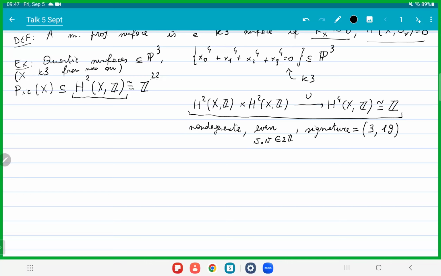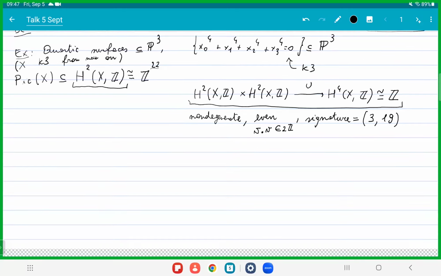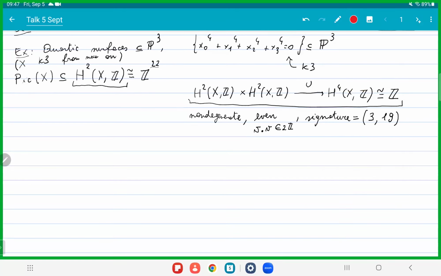And there's a nice word that captures all these things. It's the word lattice. So for today, a lattice is going to be a free abelian group with a non-degenerate, even bilinear form.